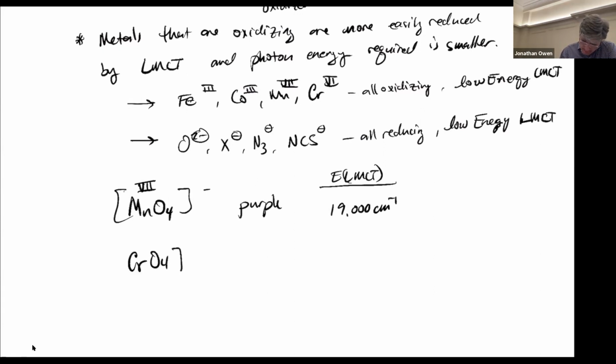Chromium 6 is yellow-orange. Its LMCT is 26,000 wave numbers.